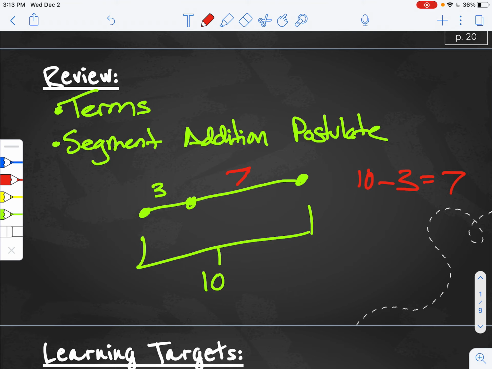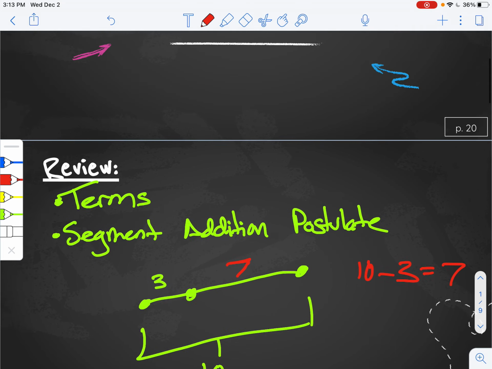So that's the very simple version of it. There are a couple more problems that were a little bit more complex, but that is the basic definition of the segment addition postulate, or one way that we used it. So that's what we've looked at so far.